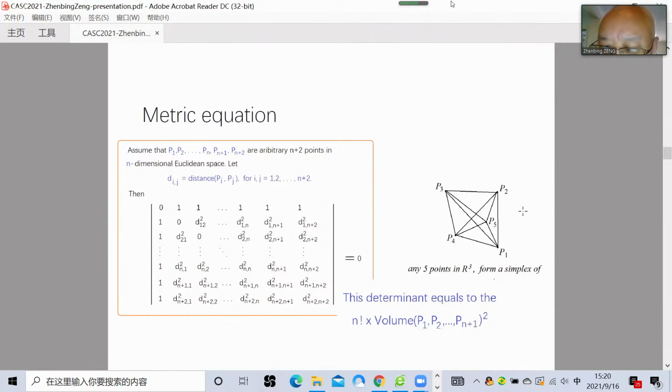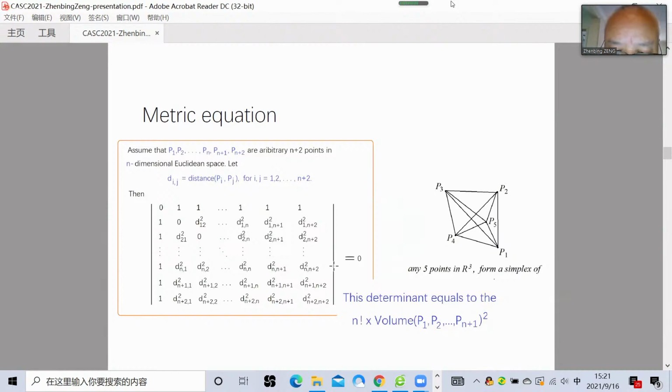For 5 points, we show a smaller picture here. In 3-dimensional space, if we take any 5 points, P1, P2, P3, P4, and P5, and take this as a simplex in 4-dimensional space, then the volume of the simplex is 0 because these 5 points are actually selected from 3-dimensional space.